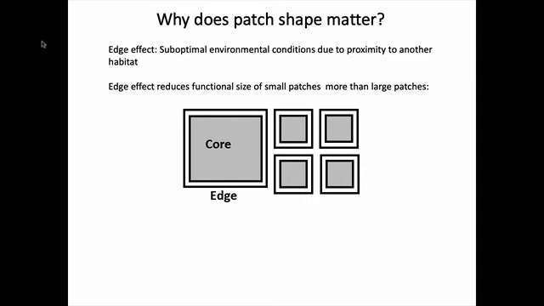It's drier. Well, those conditions penetrate the edge of this patch, and they actually reduce the area that is effectively forest. You may see trees out here, but it's not a forest. It's an edge. The edge effect reduces the amount of habitat available for these core interior species.